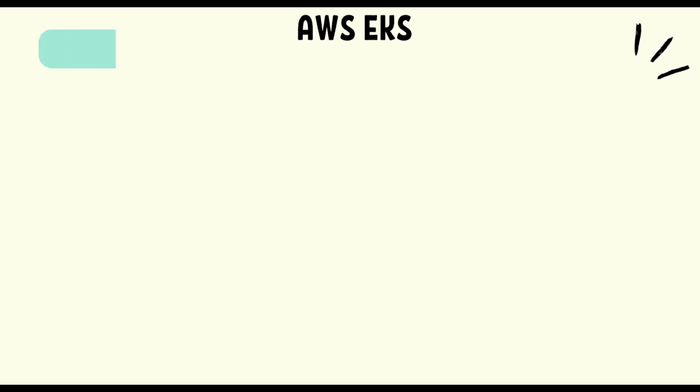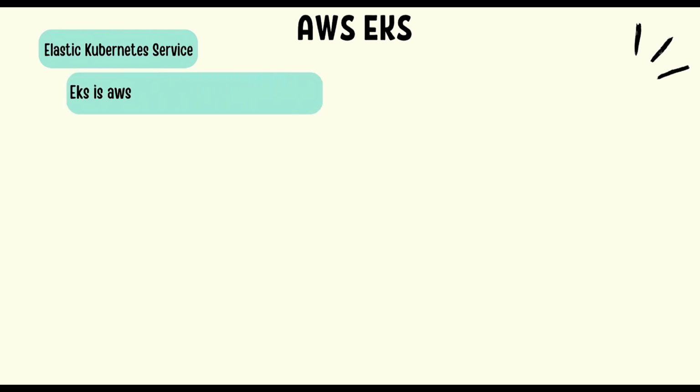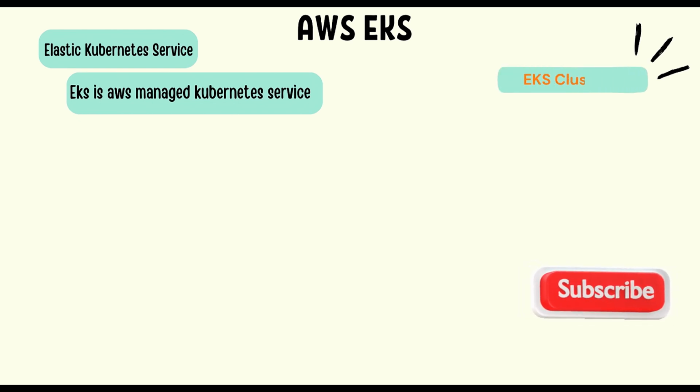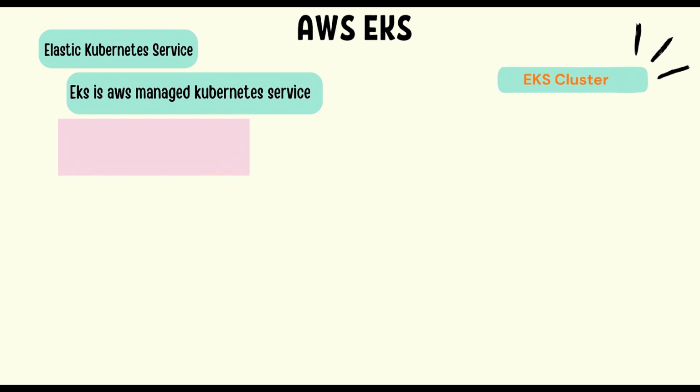AWS EKS. EKS means Elastic Kubernetes Service. If you love using Kubernetes, EKS is AWS Managed Kubernetes Service for you. How does EKS work?